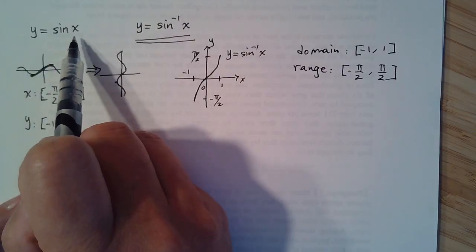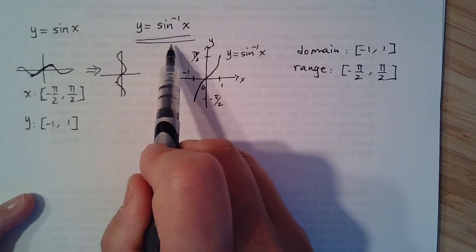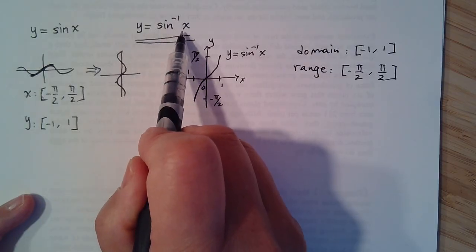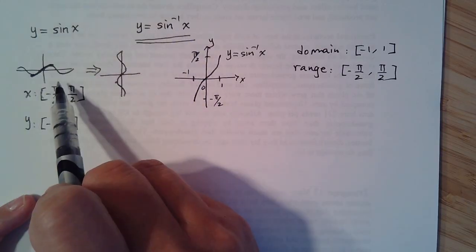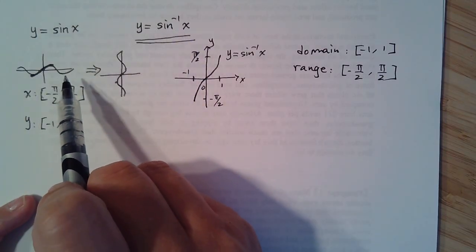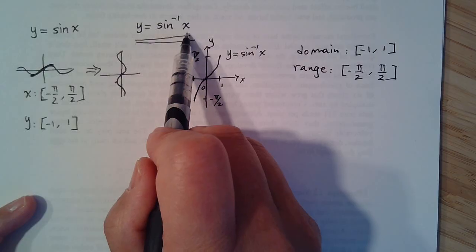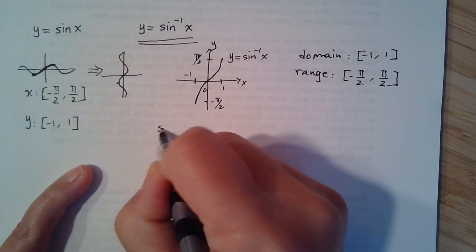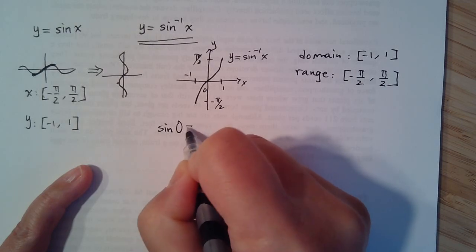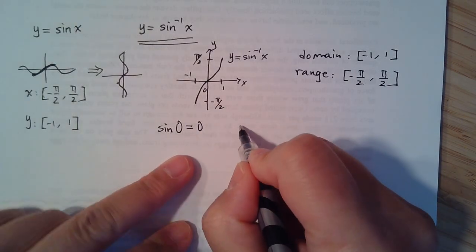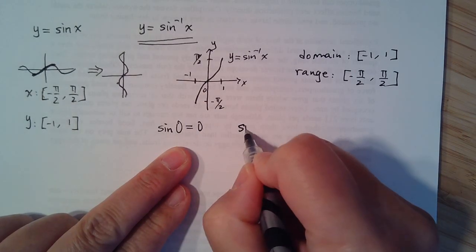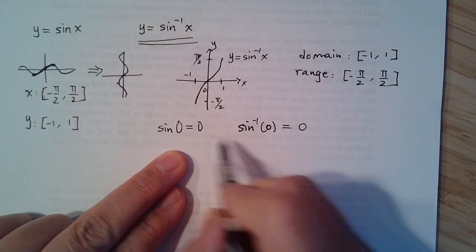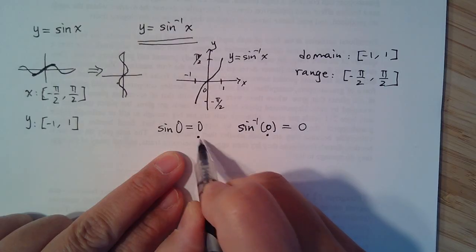When you do the inverse function, this is an angle, and this is the function value, the original trigonometric function's value. So let me tell you this: if I know sine 0 is 0, then I know sine inverse 0 is 0. This 0 is actually this 0.